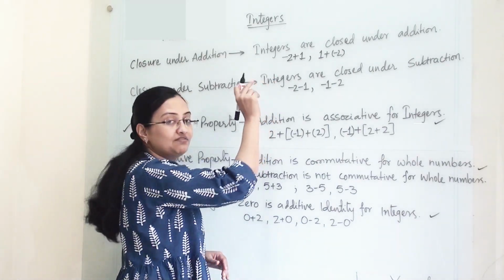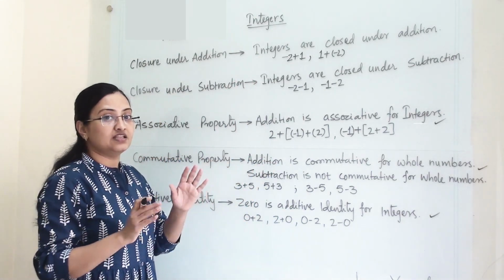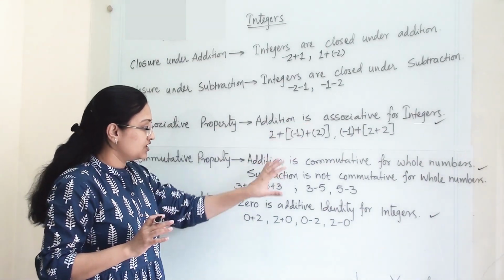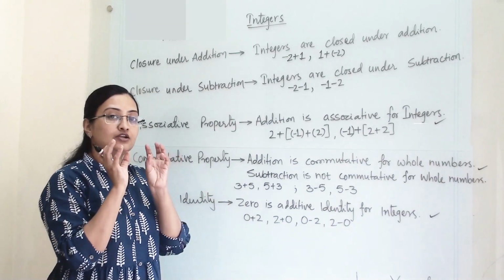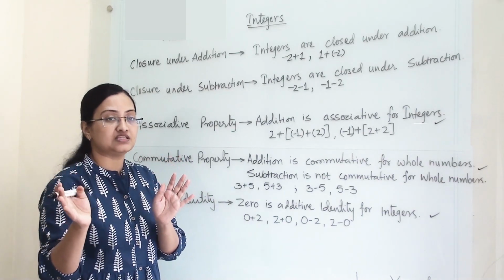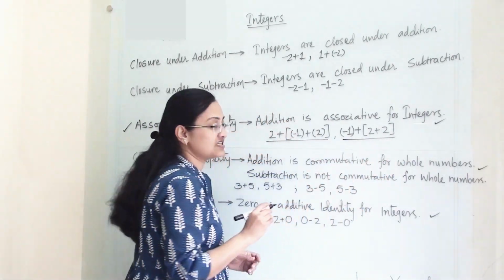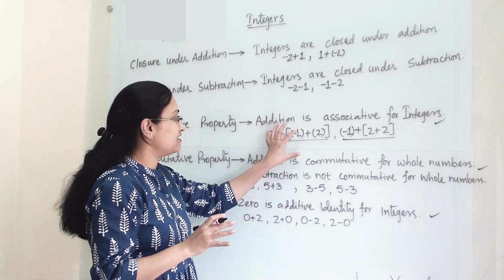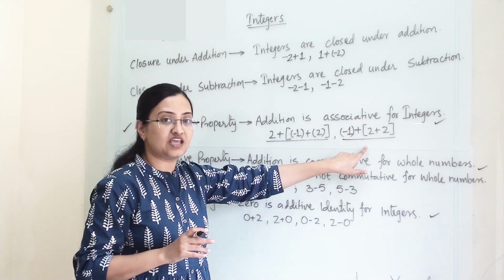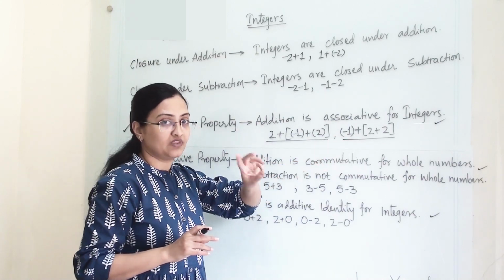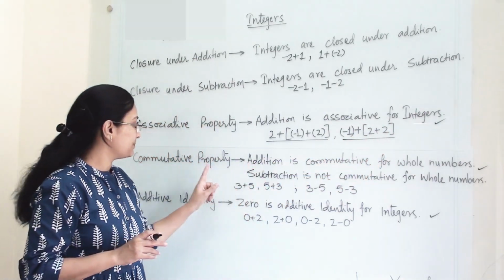So these 2 properties we are checking for integers, and these properties we are checking for the answer. If you change the group, change the order, or add 0, or take 2 integers, then the answer should remain the same. These integers are the same along with their sign. We have changed only their group, but the answer will remain the same, and that is 3 plus 3. So that's why addition is associative for integers.